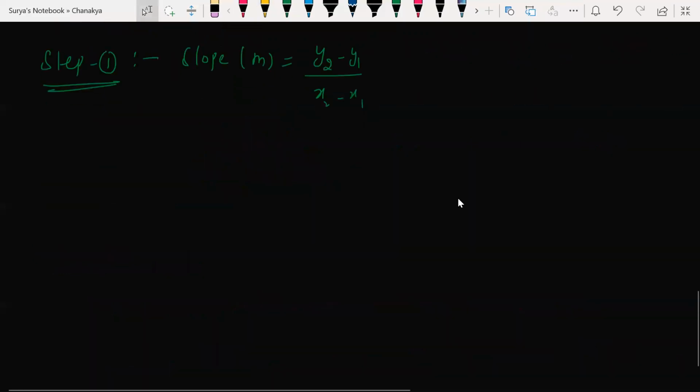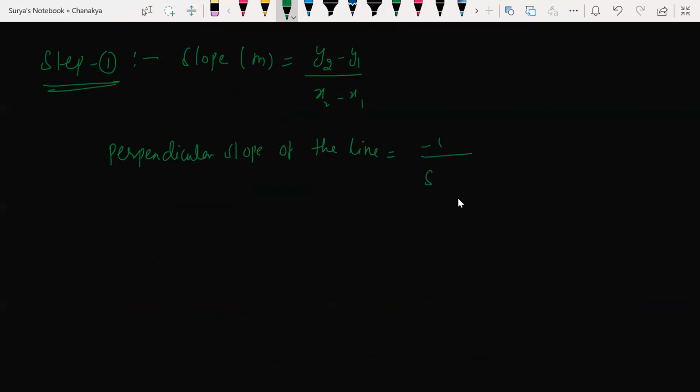Now I'm going to find the perpendicular slope of the line, which is equal to minus 1 by the slope of the line.